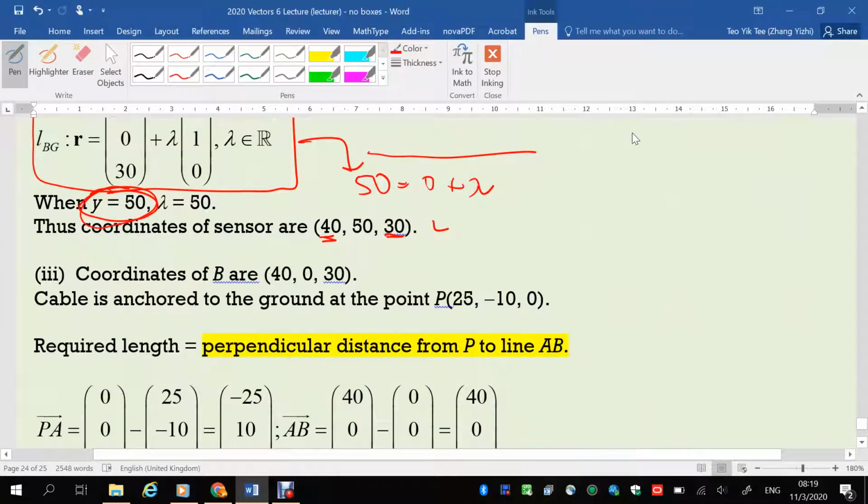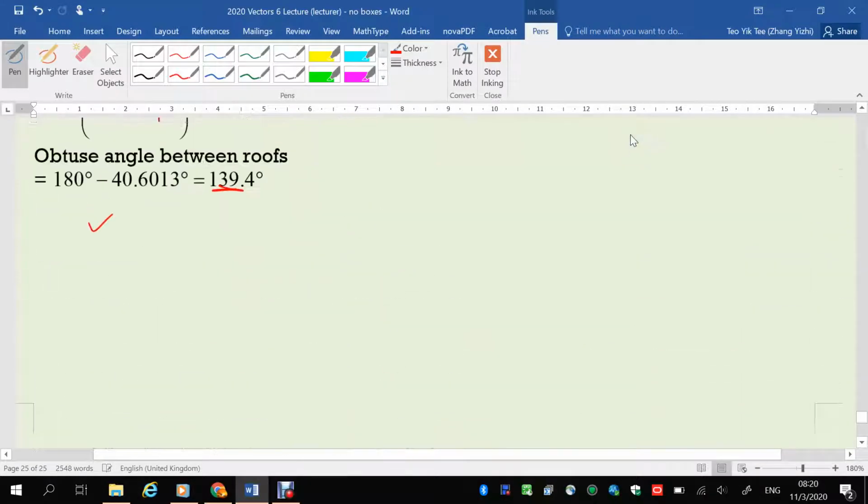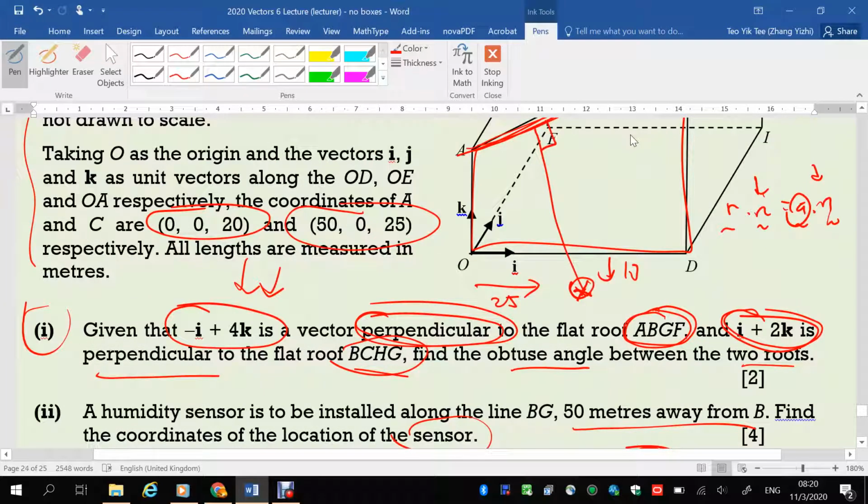So you need to give me where the cable is supposed to be anchored. Remember, we say that it is supposed to be 25 meters away from O in the direction OD. So I direction 25 and 10 meters in front of OD.